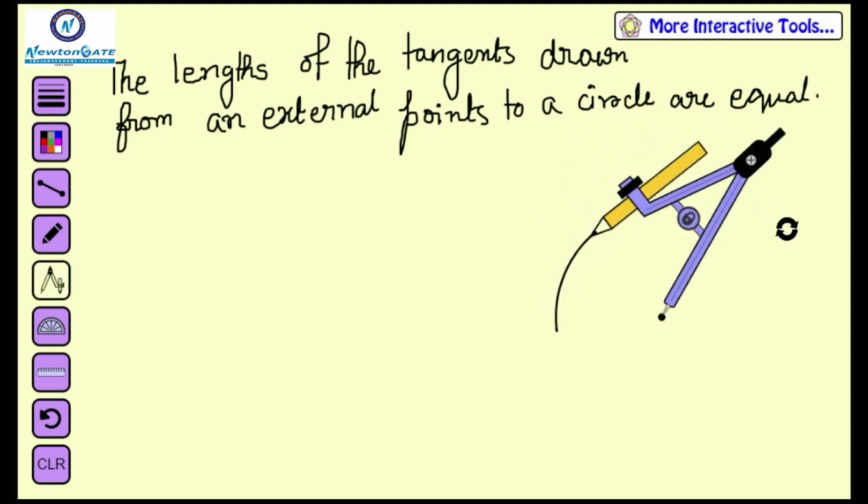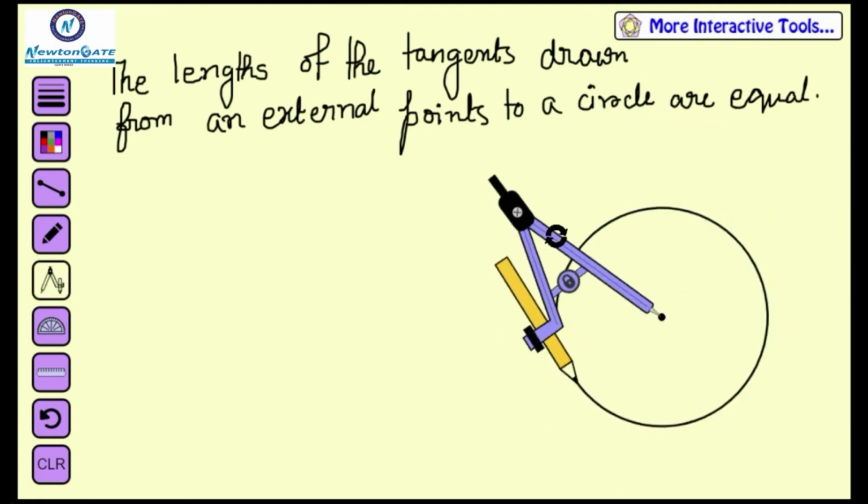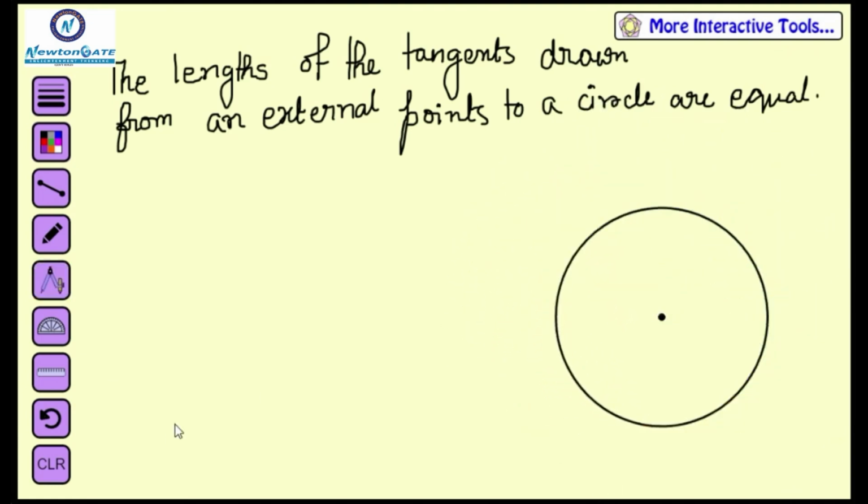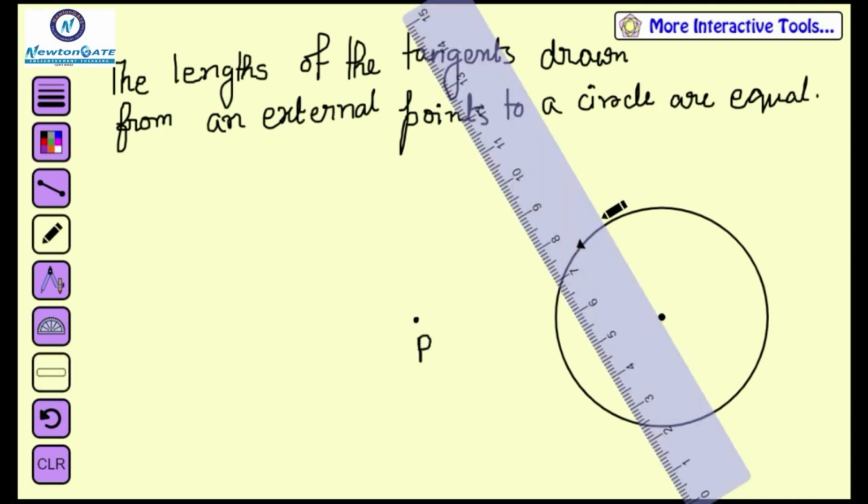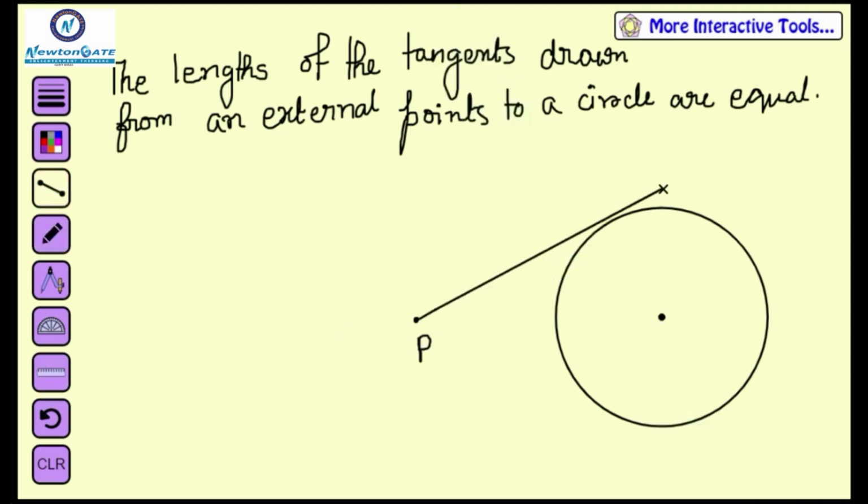Here we draw the circle like that and take an external point P here, and from the point P we draw the tangents and name the points of contact as Q and R. So PR and PQ are the tangents.